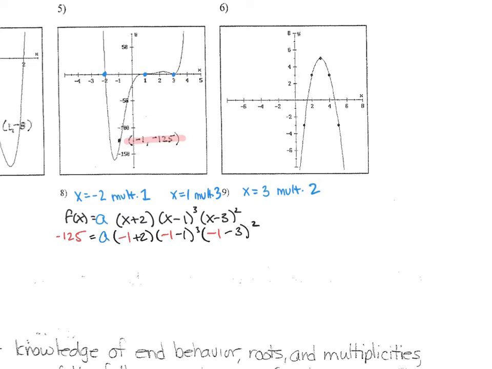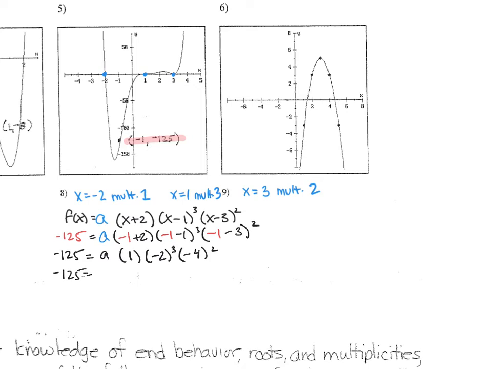So I plugged in my y value, plugged in my x values. Let's go through and solve. So we're going to have negative 125 is equal to a times negative 1 plus 2 is 1. Negative 1 minus 1 is negative 2. We're going to cube that. Negative 1 minus 3 is negative 4 squared.